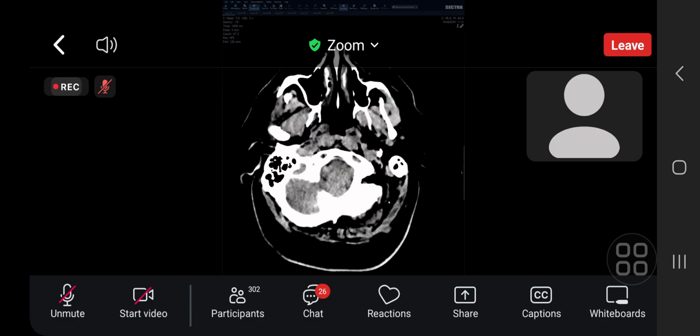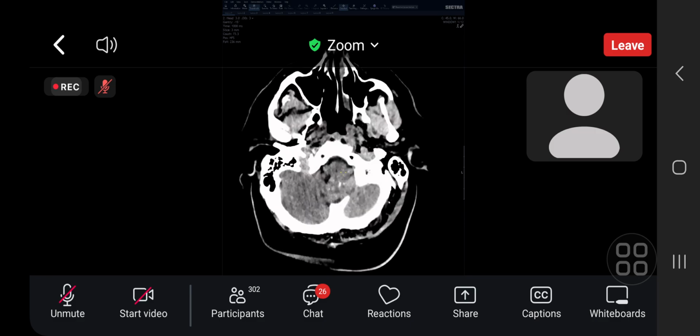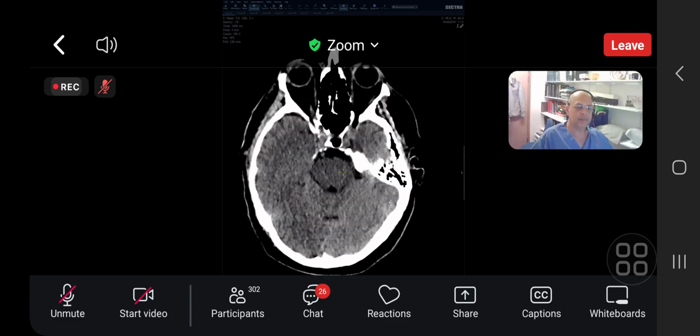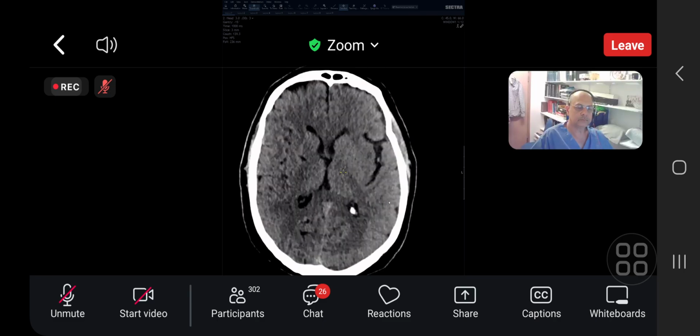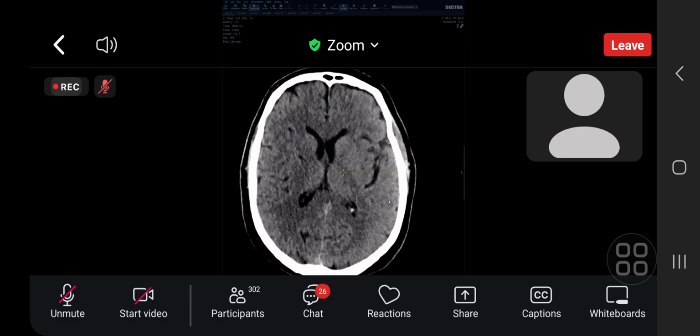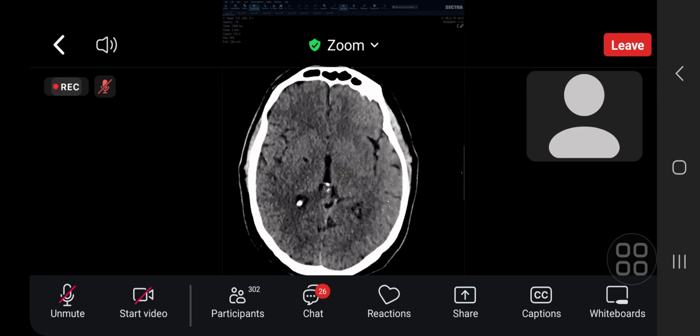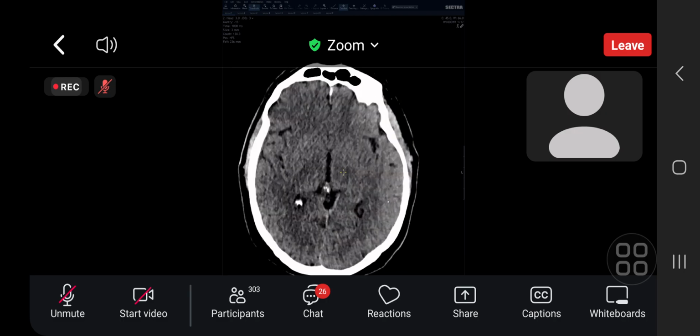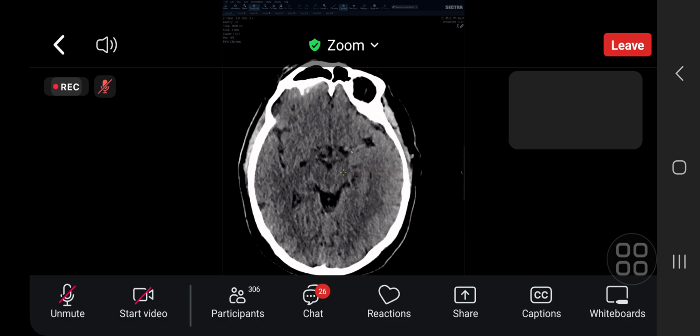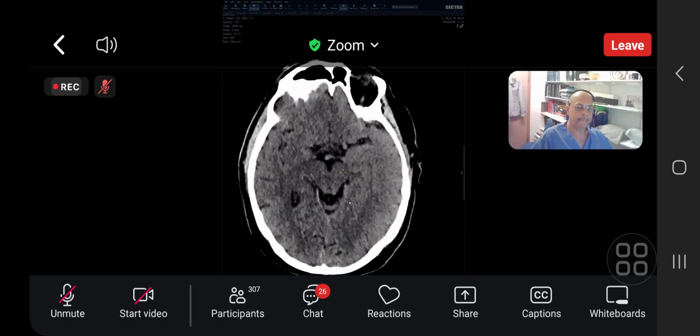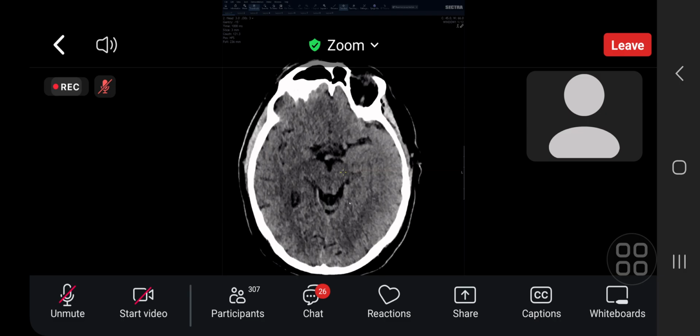Can you show me the level of the basal ganglia, sir? Yes, no problem. Just below it, the left MCA also looks a bit dense to me compared to the right side.